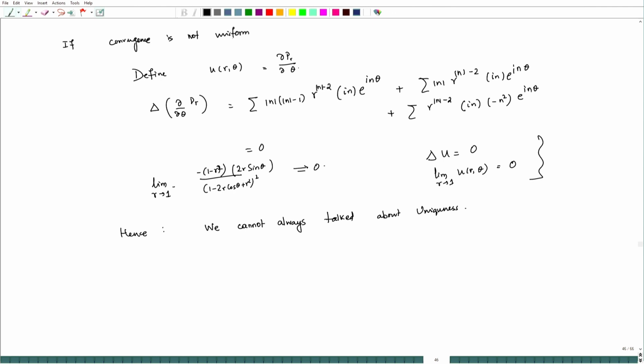To be more clear, u is a solution, and also v identically equal to 0 is also a solution. Hence, the uniqueness is broken. Okay, so this is one application of what we have seen.